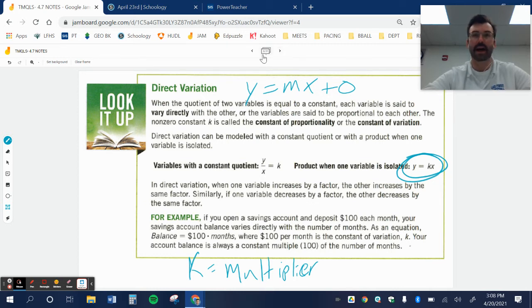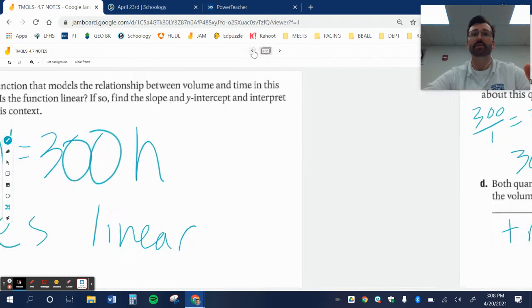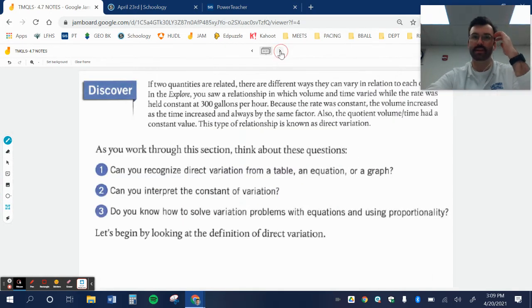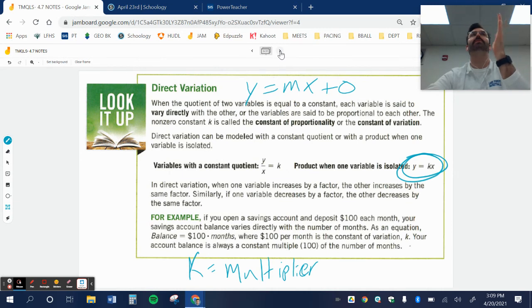So what else? The constant of variation. Let's look at how direct variation relates to our explore problem. Our multiplier, our constant of variation, as the book calls it, but it means the same exact thing as multiplier, would be 300 here. We're used to our multiplier being between 0 and 1, or greater than 1.